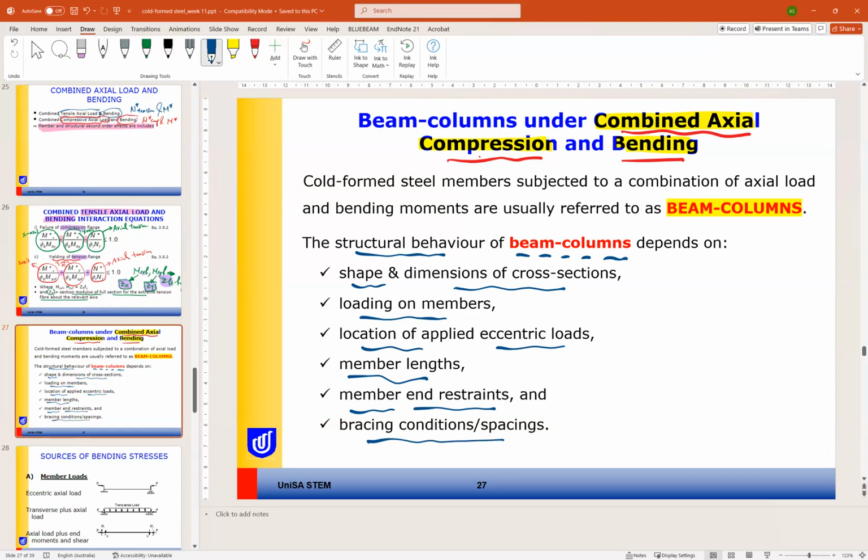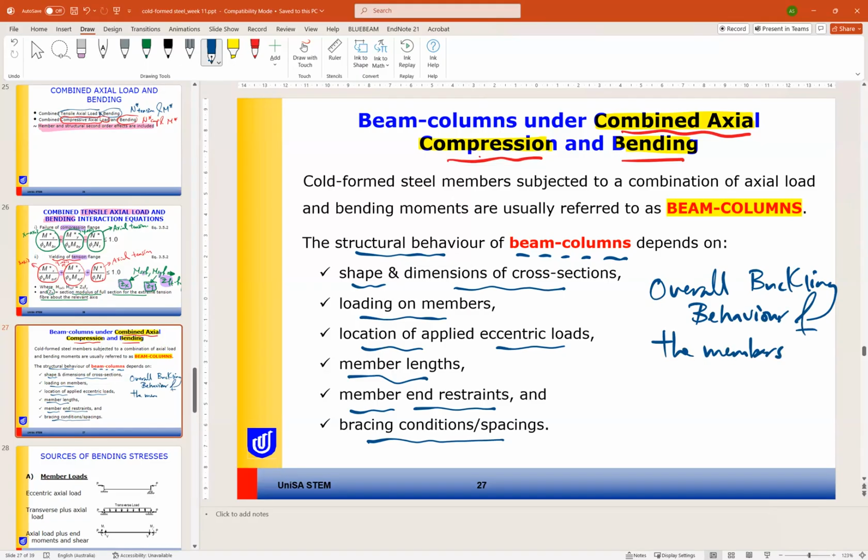So all these are the parameters that affect the overall buckling behavior of the members under N asterisk compression and M asterisk.